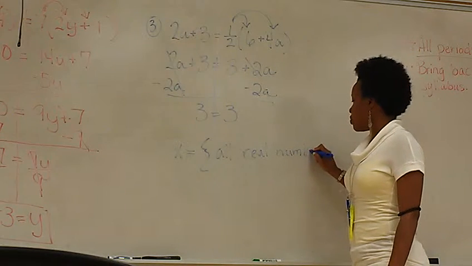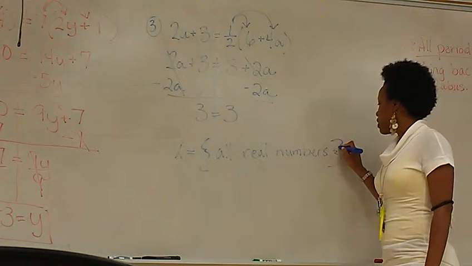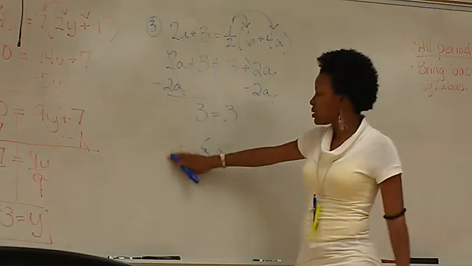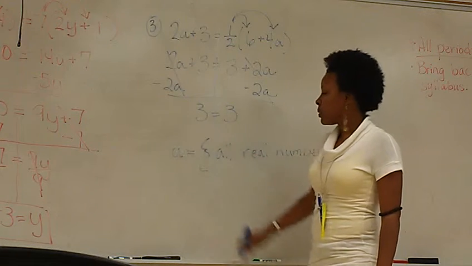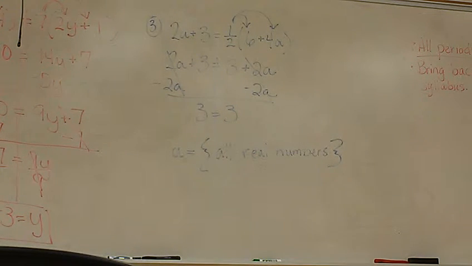That means any number you put in for A is going to work. So that's what we put on the test. This would be one of the answer choices, all real numbers. A is all real numbers. That means any number you put in there is going to work.